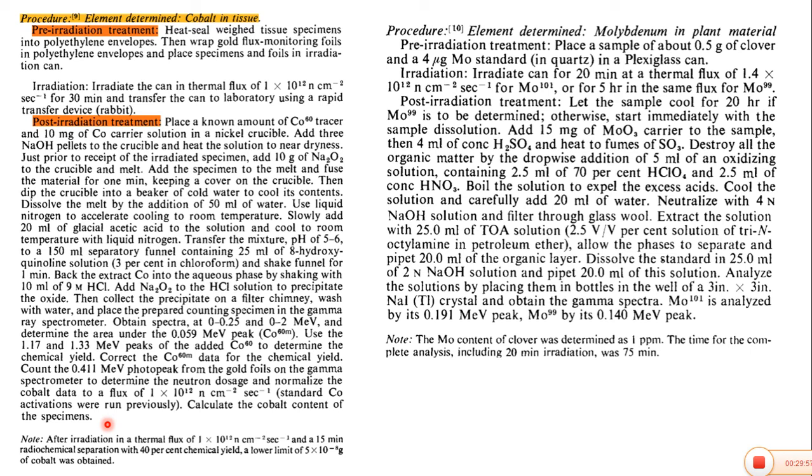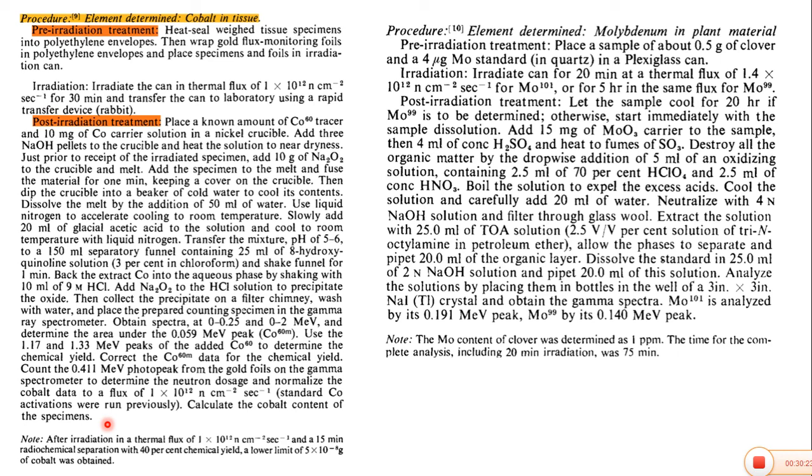In this sample material, you place about 0.5 gram of clover and 4 microgram molybdenum standard in quartz in a plexiglass can. So this is a different kind of sample holder that you use in order to irradiate.